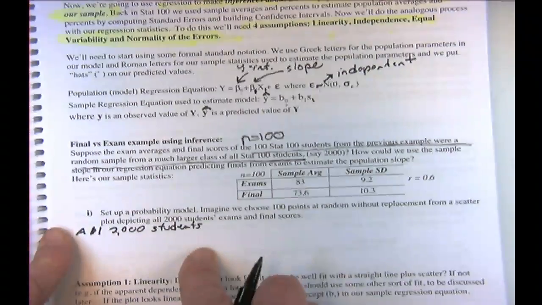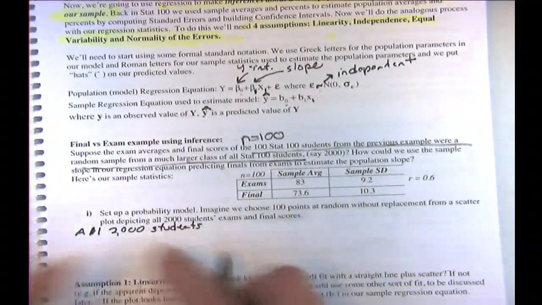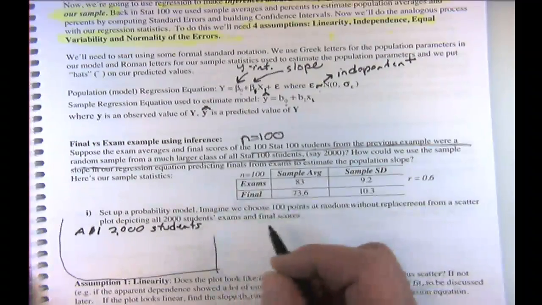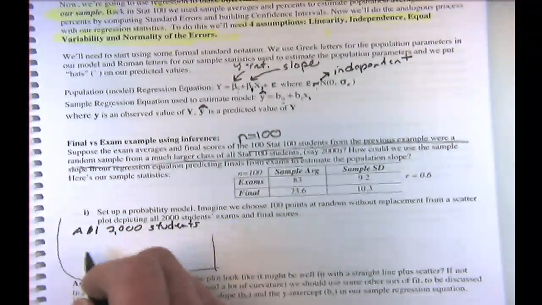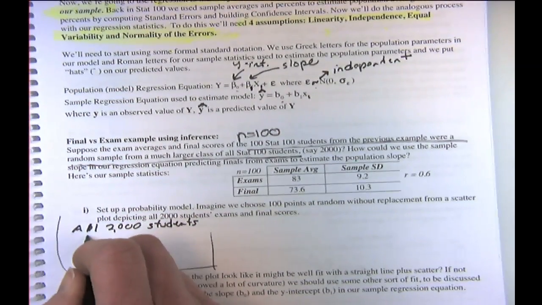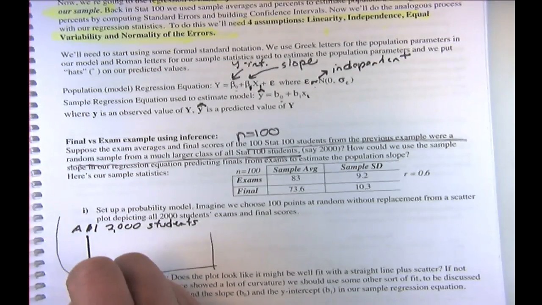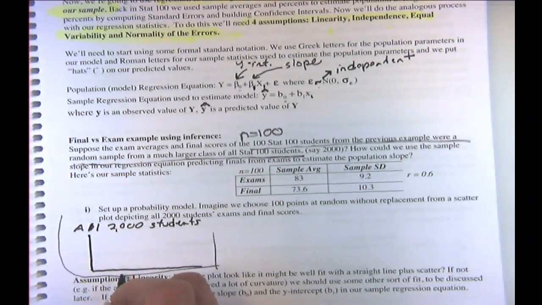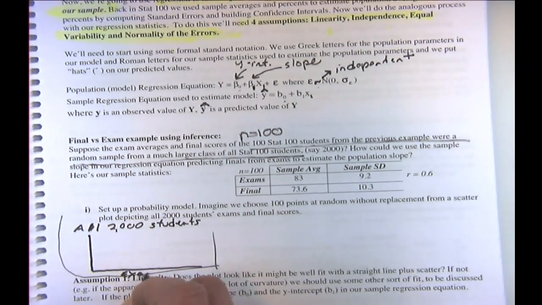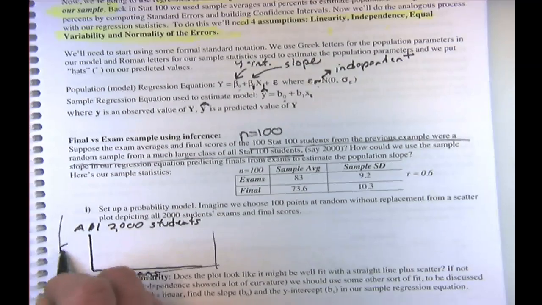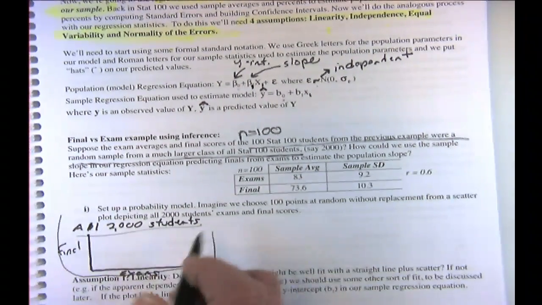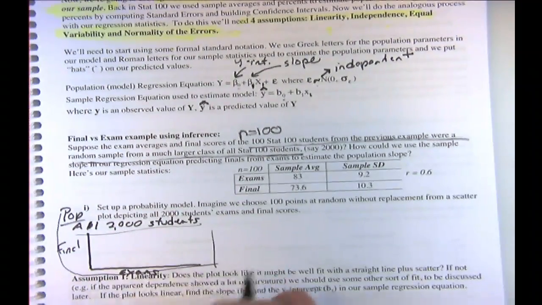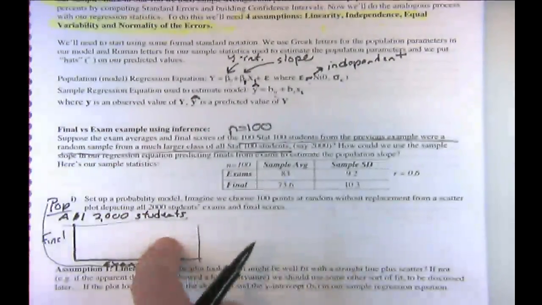And the whole population always is this. Imagine this is the box model, right? But imagine not a box. I think it's easier for you to conceptualize the real scatter plot. We don't see it, but here's the exams, and here's the final scores of the entire population. So this is the population here, and we have 2,000 points in here.